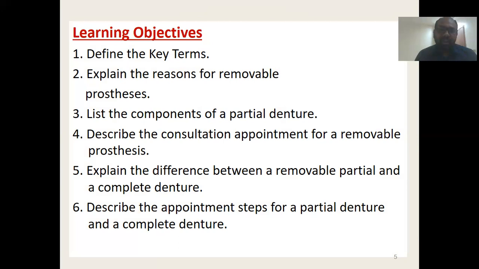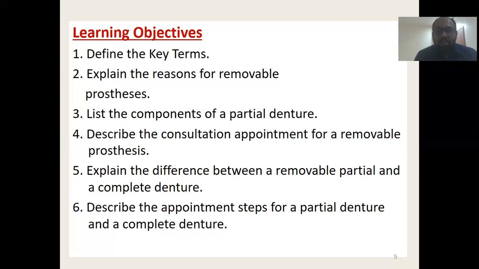So this is basically an outline of the lecture today: why we remove and the components that make a partial denture, and a brief description about the consultation appointments and the appointments involved in fabrication of removable prosthesis.